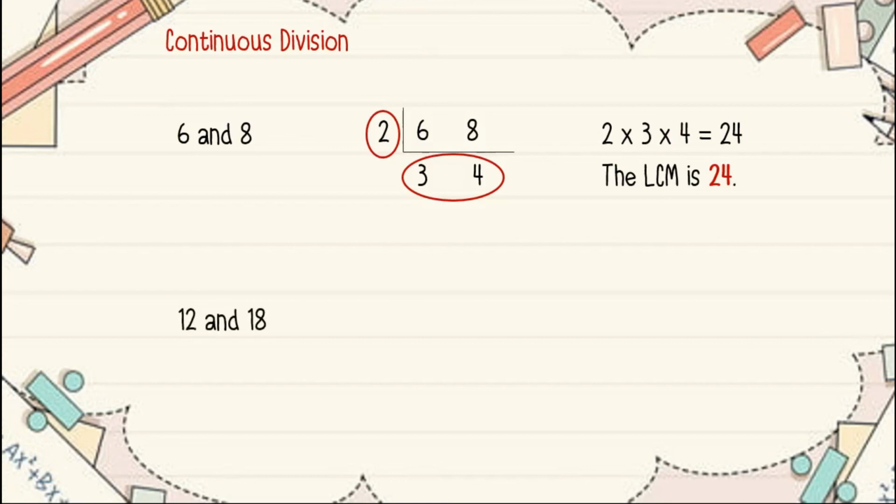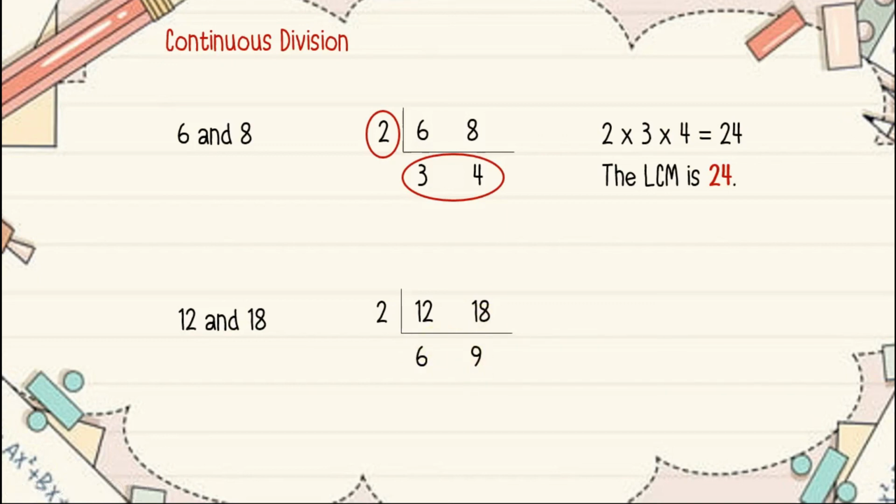Now, let's have 12 and 18. Dividing 12 and 18 by a common divisor, the common divisor that we're going to use is 2. So 12 divided by 2 is 6. 18 divided by 2 is 9.